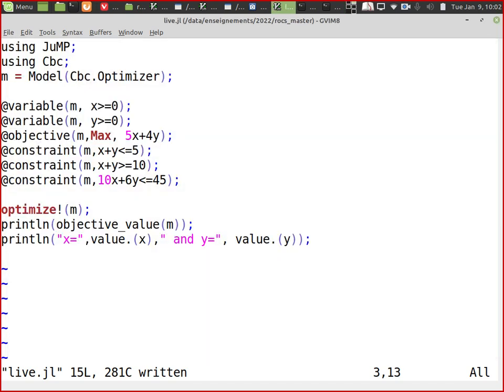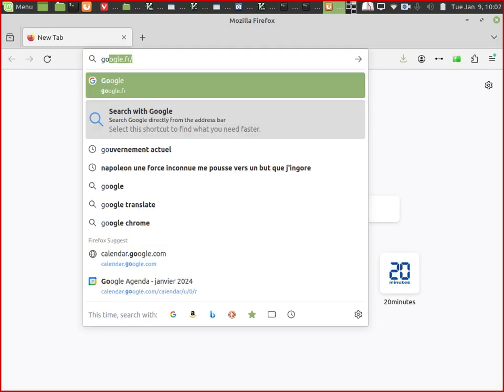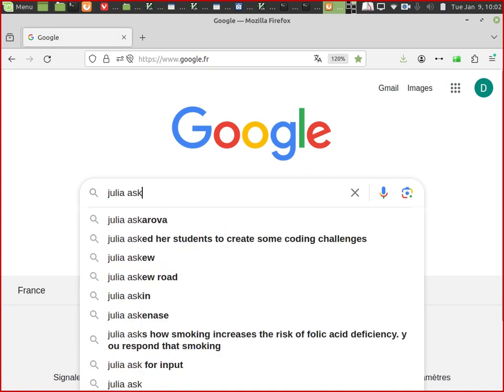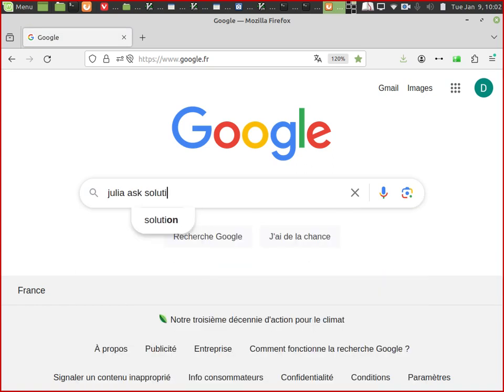So basically, it's not exactly the same using one solver or another. Okay? If you ever have this kind of problem, the best thing to do is to look over the internet, you type Julia, ask solution status, something like this.